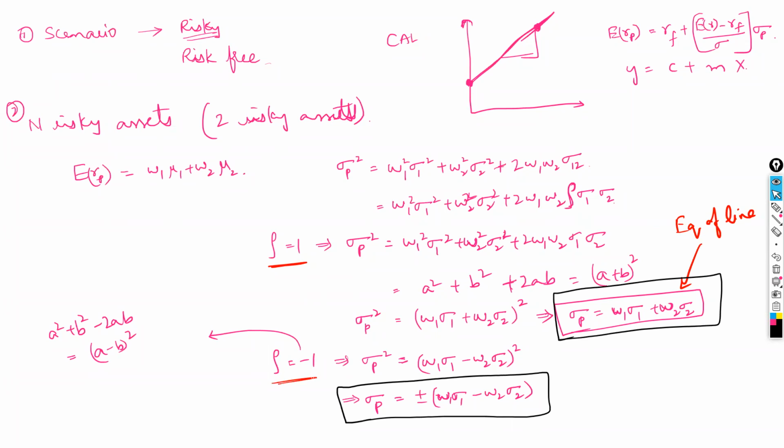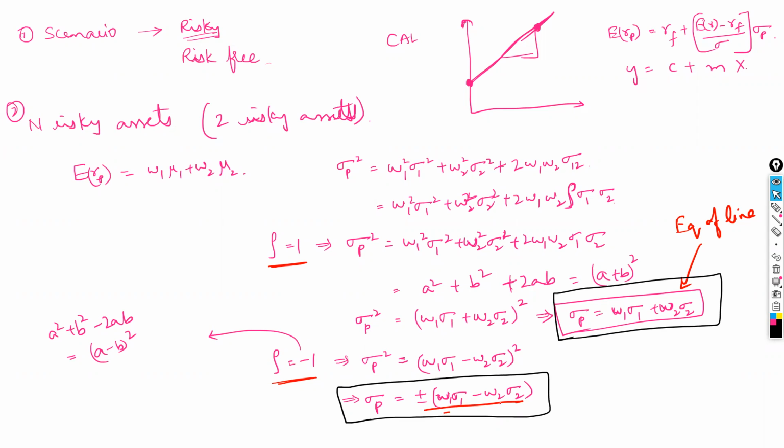And when rho equal to -1, the two risky assets are completely uncorrelated, like probably you have one stock of Microsoft, which is from IT, another stock of Tata Motors, which is from automotive. These two will be completely different. There won't be any correlation.